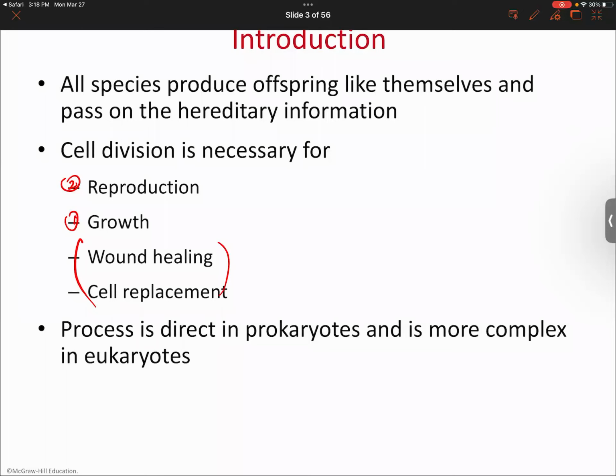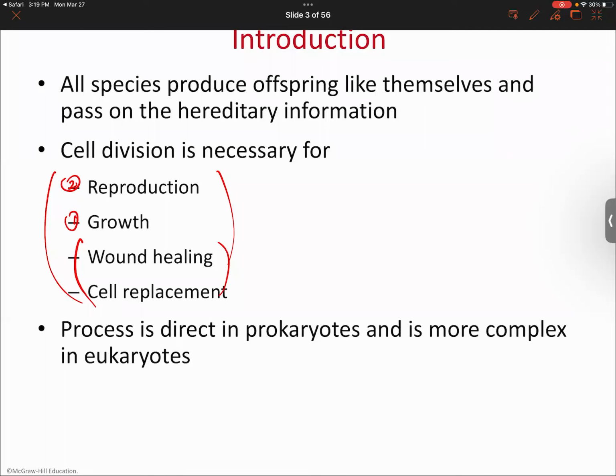That's going to require cell division. Cell replacement. Cells just naturally senesce. They don't live forever. So you're going to have to replace some of your cells as they get old and worn out. And so that's cell division. Cell division is something that's with us all the time. So for us, it's focused on these four right here.